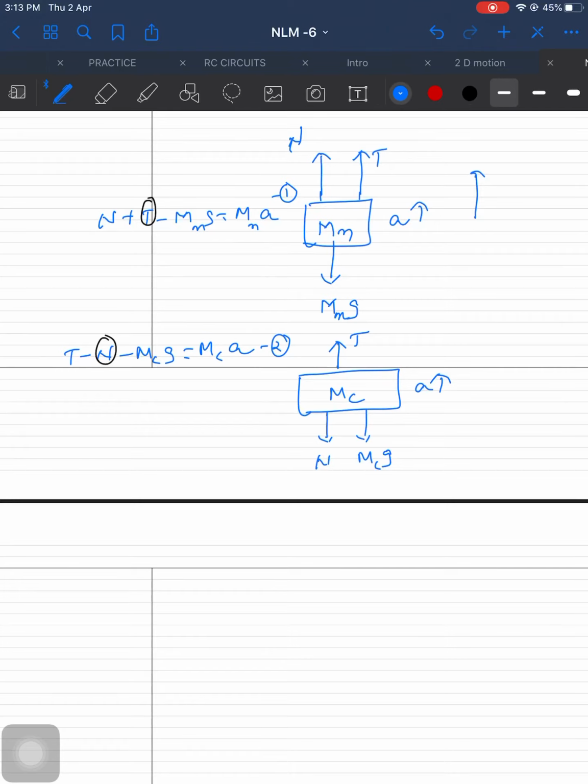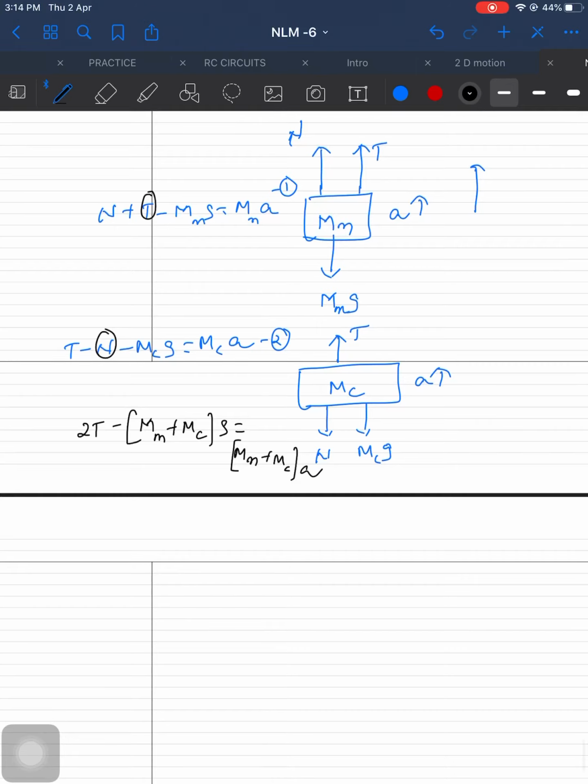If you just solve these two expressions, if we add, we get 2T minus common factor mass of man plus mass of cage into g is equal to mass of man plus mass of cage into a.